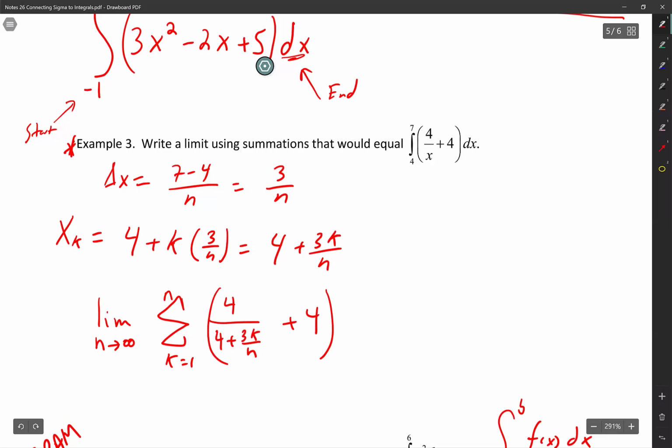Giant parenthesis on the whole shebang, times 3 over n. Ooh, I should have put that one last, because it's probably a bad one to do right off the bat, like to be the first one. You know what I mean? And there it is, guys. If we were doing LRAM or MRAM, it would be a different story.